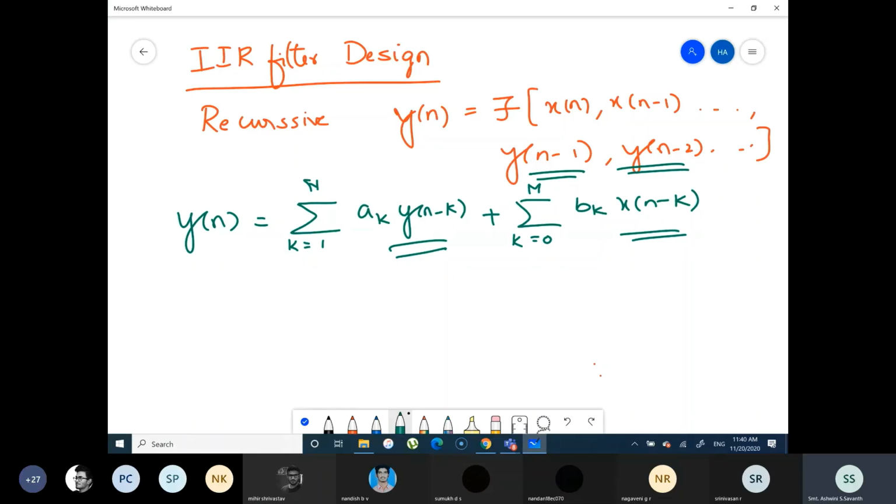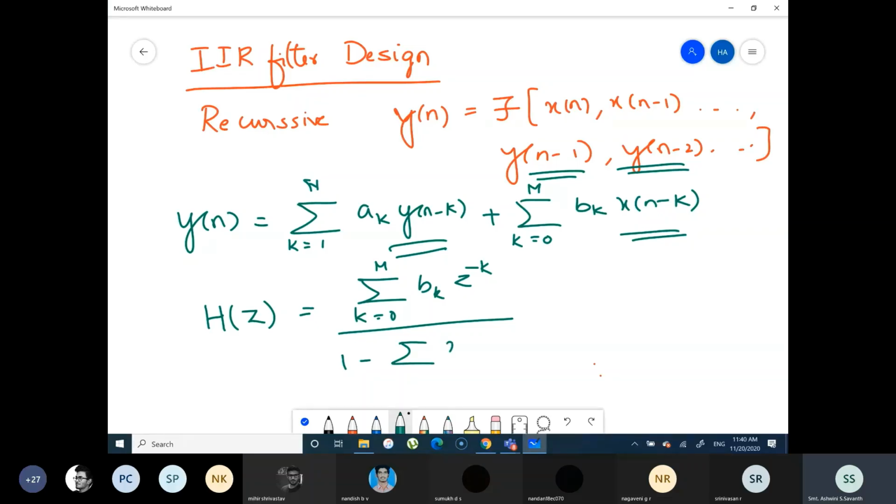Therefore, for such a filter, when you take the Z transform and write the transfer function, which can be straight away done, you should be much familiar with that now, it will be of this form: summation b k z to the power minus k divided by 1 minus summation a k z to the power minus k from 1 to N. So you can see that the transfer function of an IIR filter has a numerator polynomial as well as a denominator polynomial in Z.